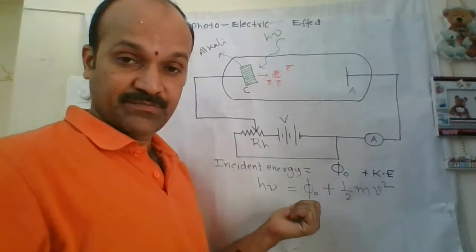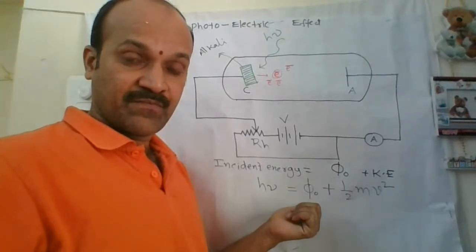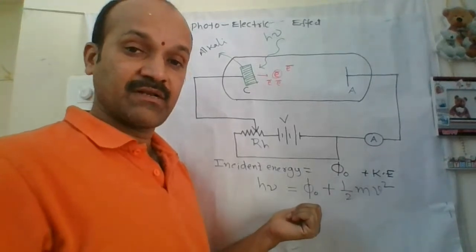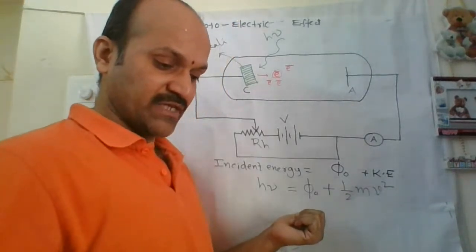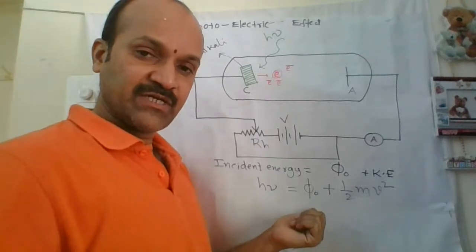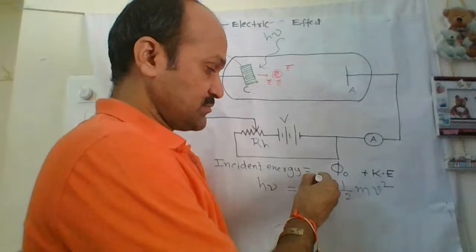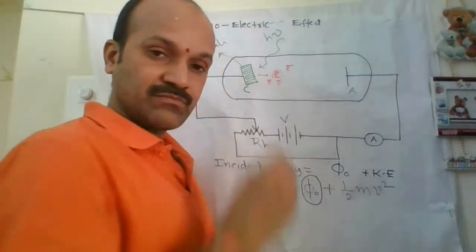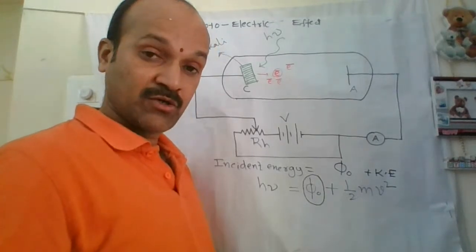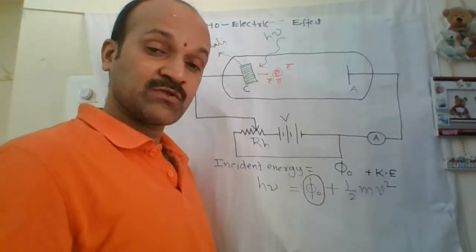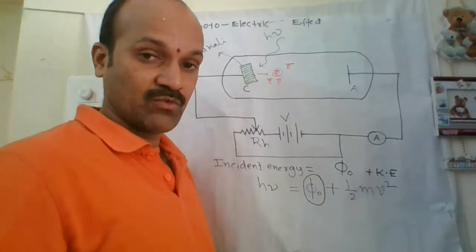This work function is very important. It varies with metals. For example, for cesium it is 1.9 electron volts, for potassium it is 2.22 electron volts, for sodium it is 2.3 electron volts, and for lithium it is 2.5 electron volts.